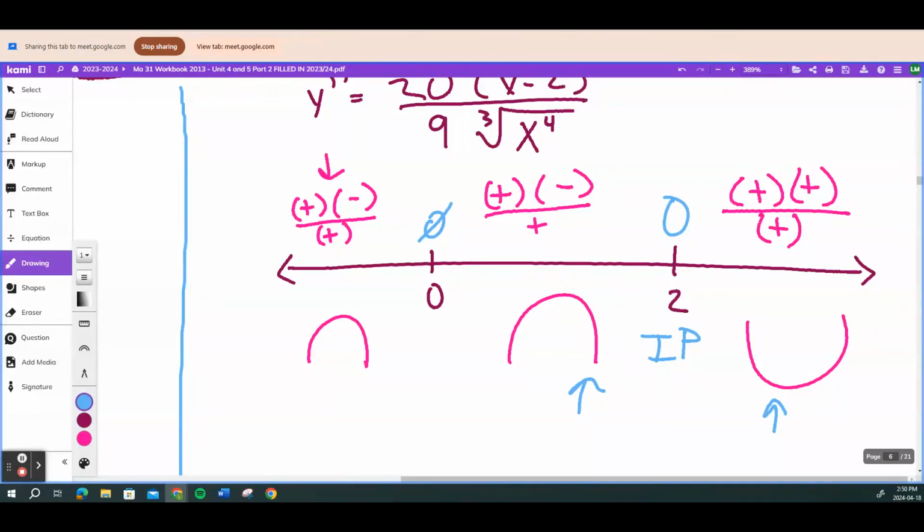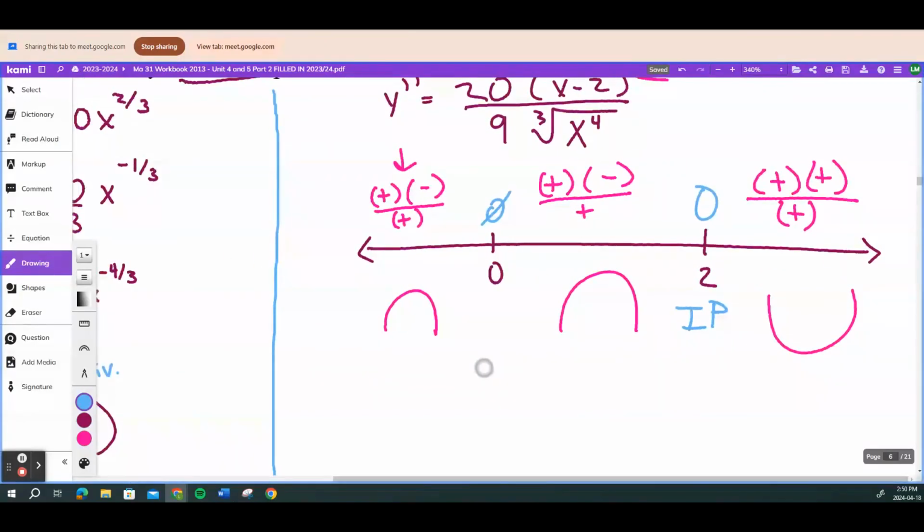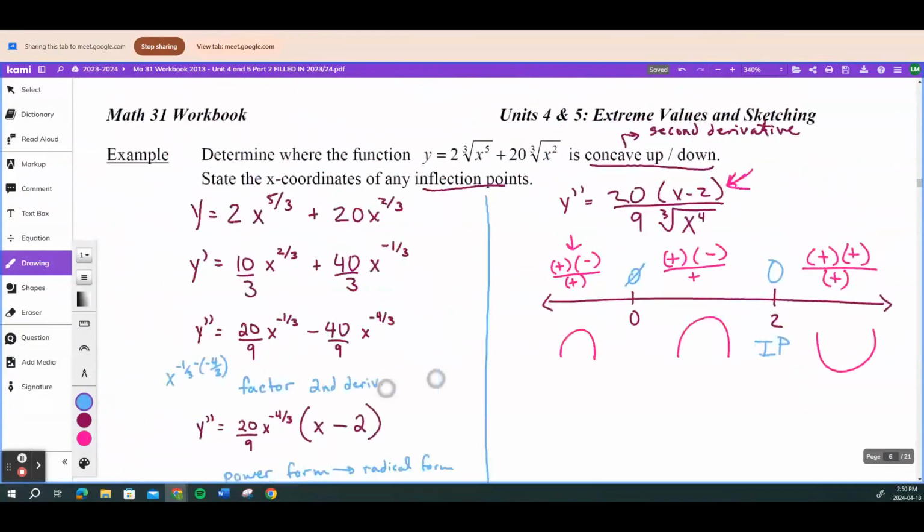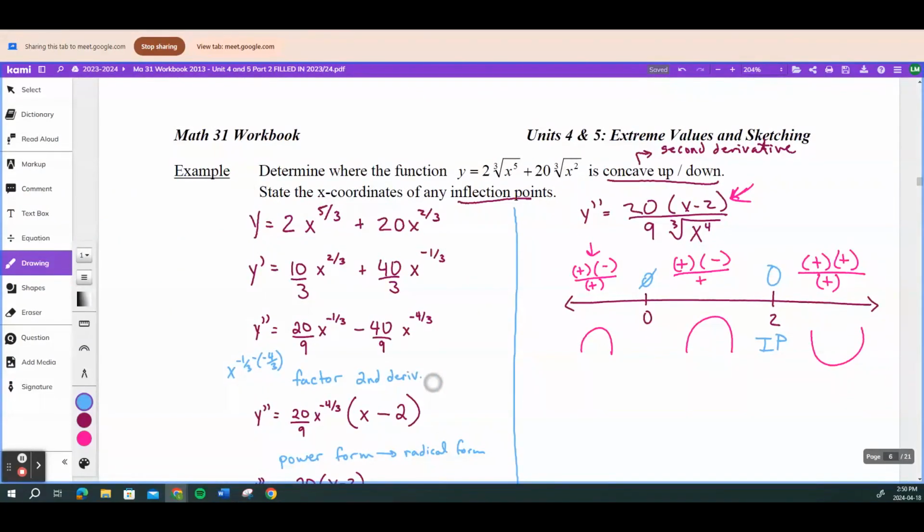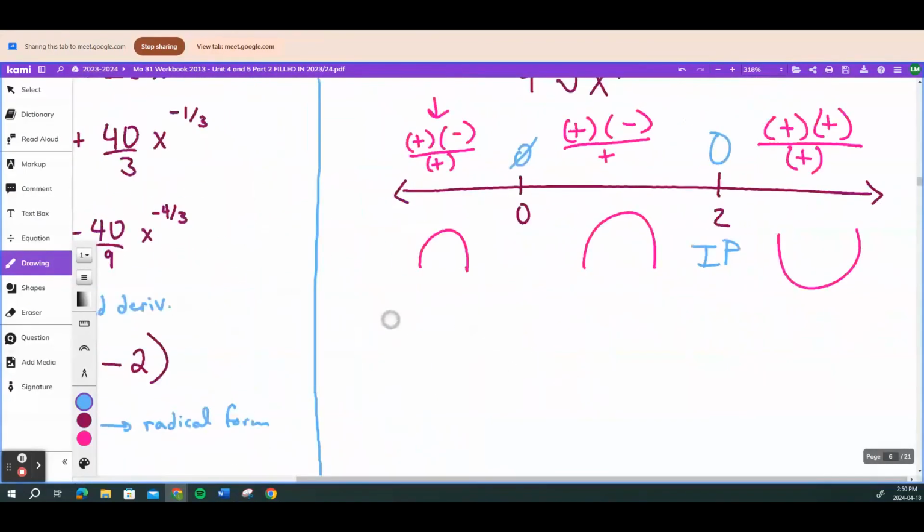Okay. So the question is asking us to state the x coordinates of any inflection points. For my answer, I'm going to say IP for inflection point at x equal to positive 2.